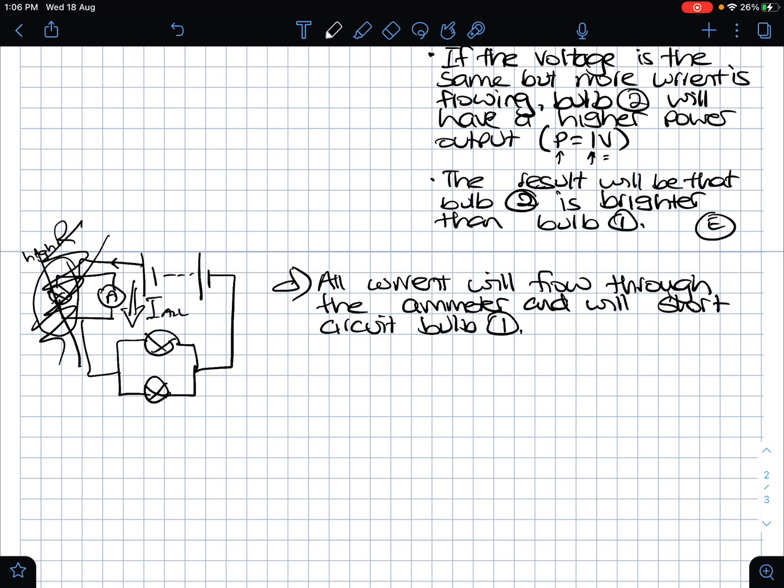So going back to our RIP again, the first thing that that's going to do is decrease the total resistance of the circuit.